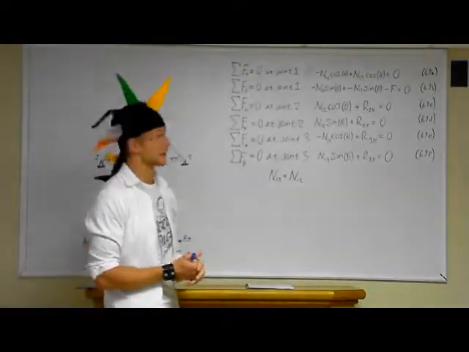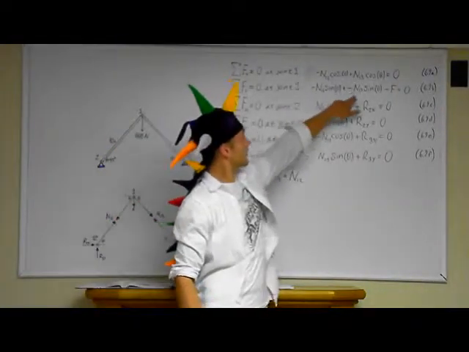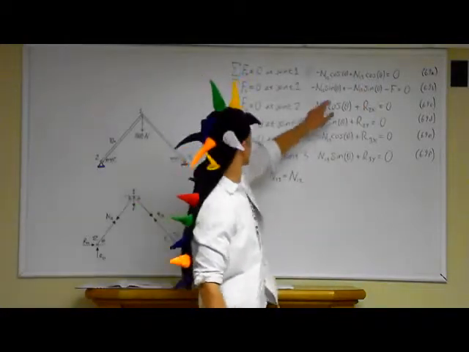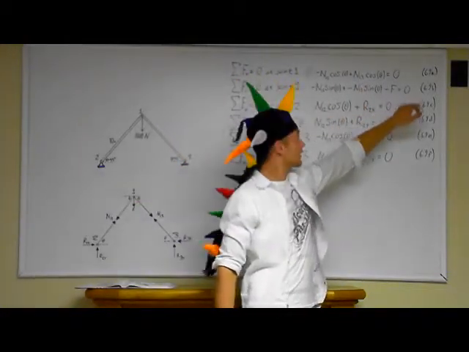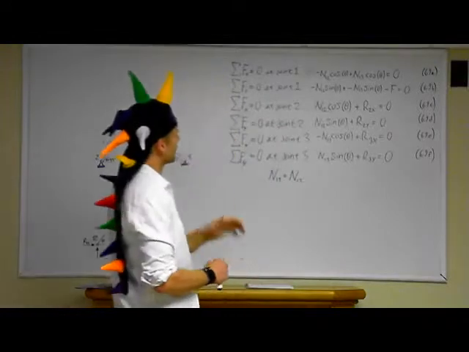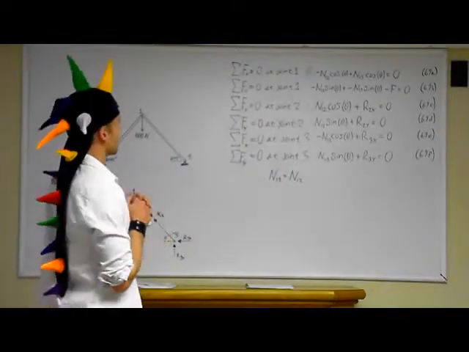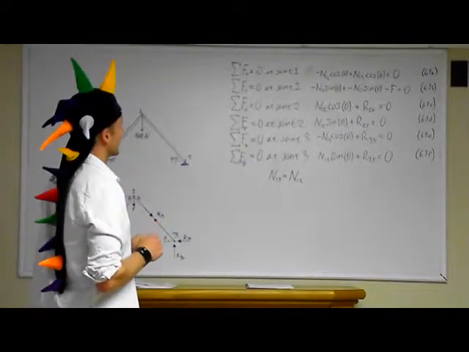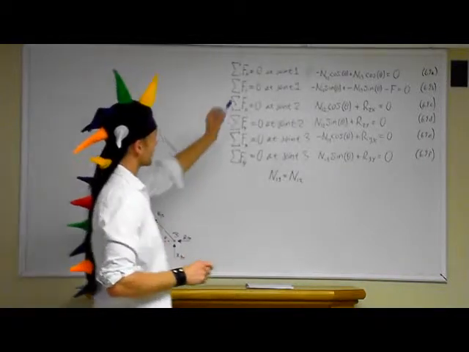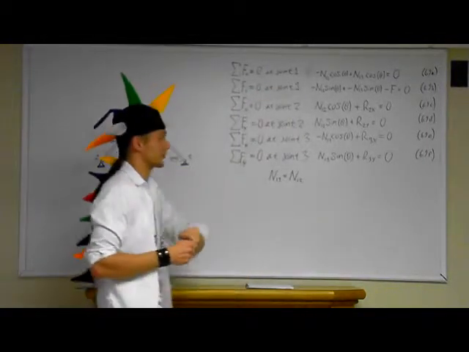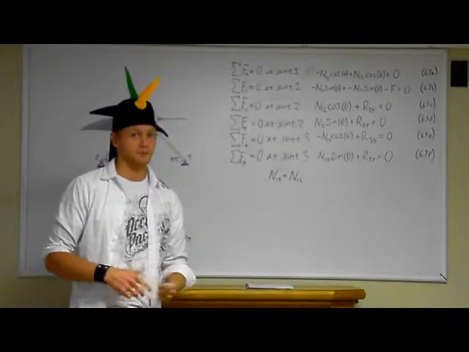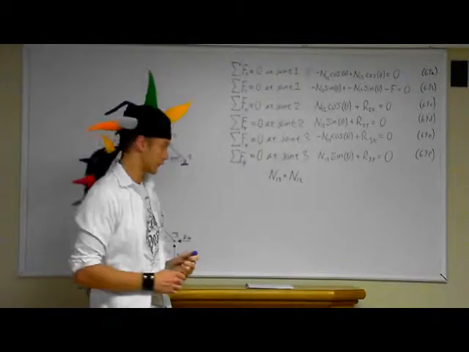Alright, and since we know N12 and N13 are equal, we can substitute into equation 6.9b and find our force. We can put our 1,000 newtons in there for our total force, and find N12 and N13 because they're equal to each other. We could just pick one, N12, and we know N13 is going to be equal to it.